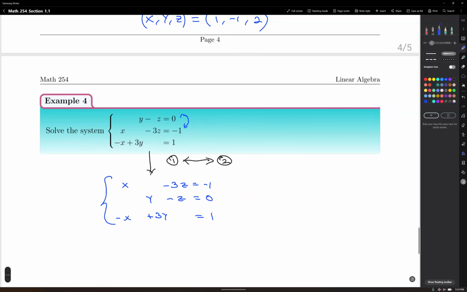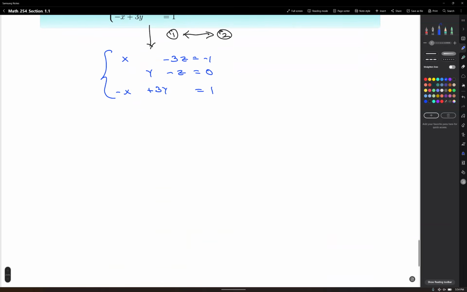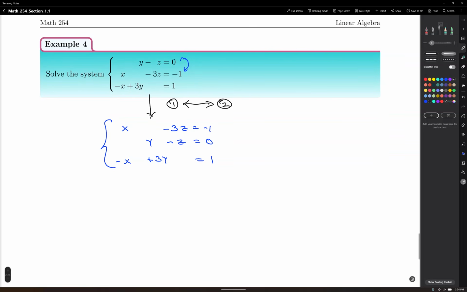Does that look better? Does that look more like a triangular system? But we need to get rid of this negative x, right? It should be nothing too crazy, because all it takes is simply adding 1 plus 3 to obtain a new 3.